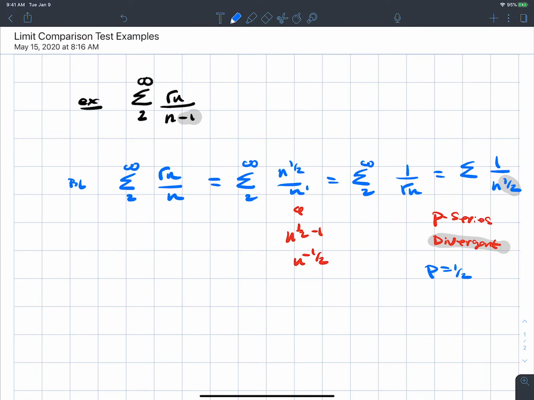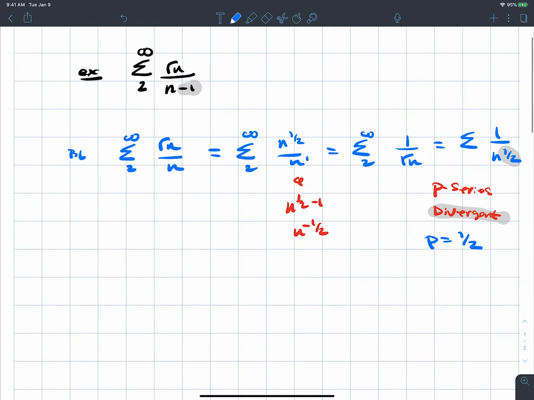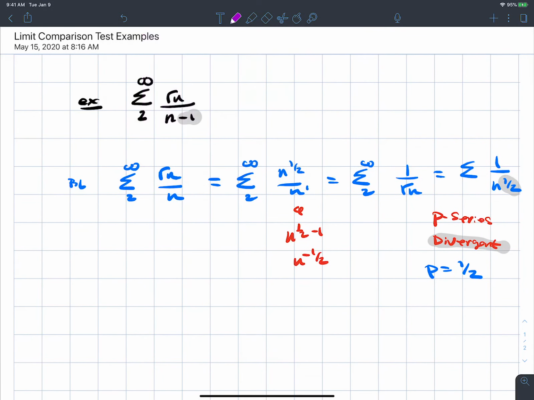In order for a P series to be convergent, P has to be bigger than 1. So this is a divergent P series. We're going to call this here a_n, and I'm going to call this here b_n.